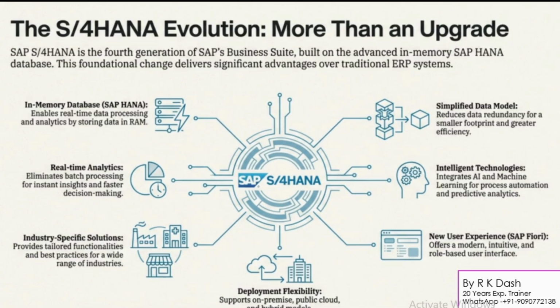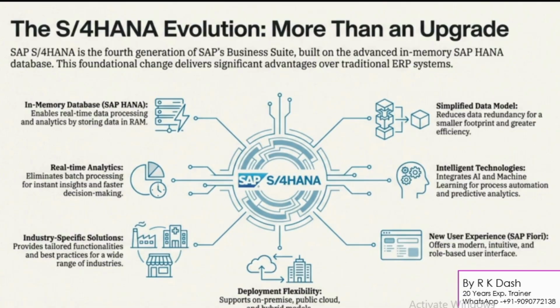Then real-time analytics eliminates batch processing, for instant insight and faster decision making. If you have the real-time data in analytics form, it will help you in decision making. Suppose you want to forecast how much quantity is going to be produced in the next month.